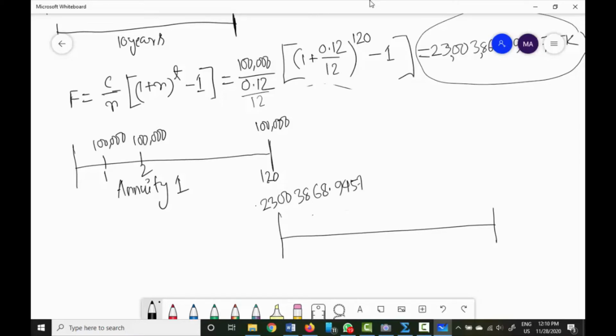By doing that you have accumulated this much amount of money after 10 years.